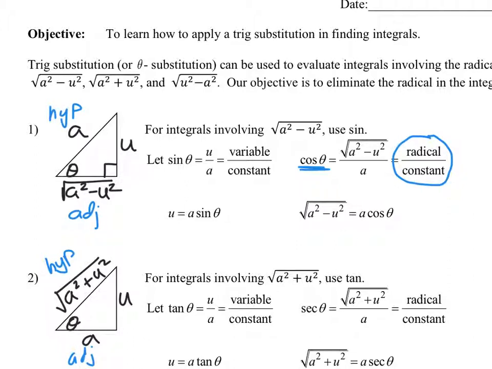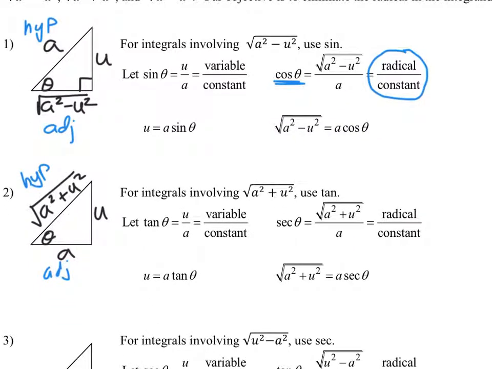Again, the whole goal here is to relate the radical part to the constant part. That's how we're going to make our substitutions. Take the radical part and divide it by the constant part. It'll naturally create a trig ratio, in this case hypotenuse over adjacent, which is the definition of the secant ratio.